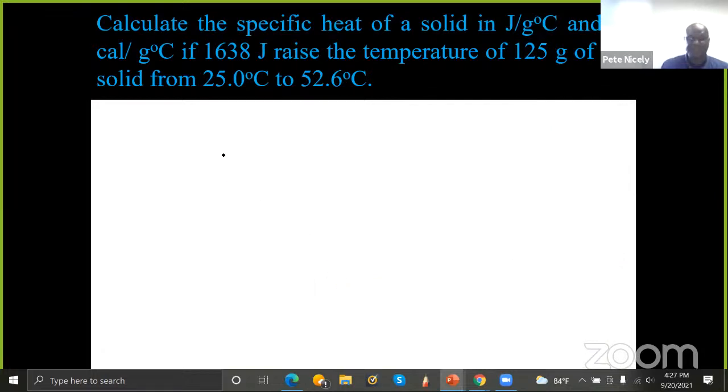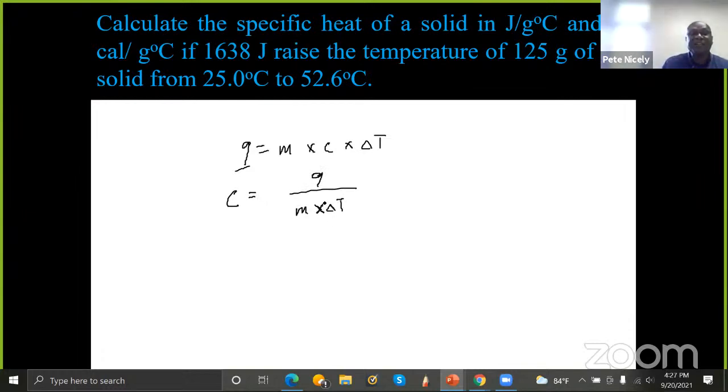The equation we're going to use is, of course, what I showed you before, which is Q equals M times C times delta T, all right? So that means that C, which is what the question is asking for, would be equal to Q divided by M times delta T. So basically, we're just doing some algebraic rearrangement to solve for what the question is asking for. And then all we have to do from here is plug the numbers in based on the information provided in the question.